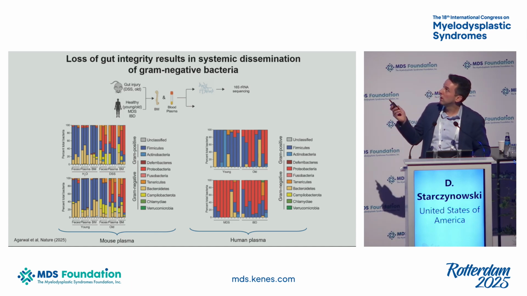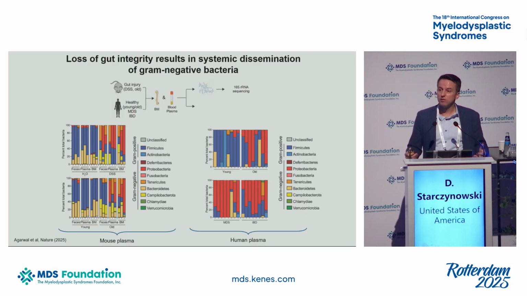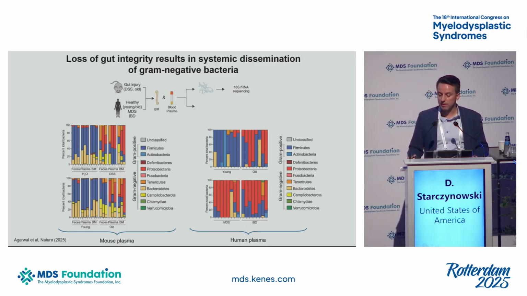But as we age, or in MDS, or in the extreme case of IBD, you see a lot more gram-negative bacteria expanding in the gut, but also remnants in the circulation. So loss of that gut integrity results in dysbiosis, changes in the microbiome that represent an increase of gram-negative bacteria.